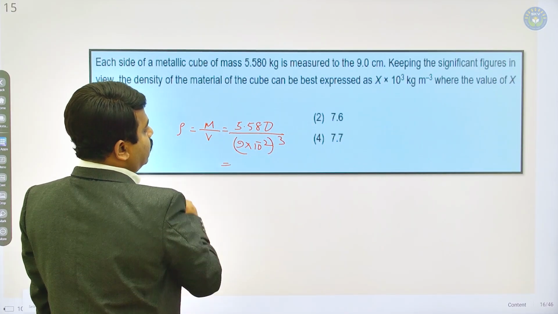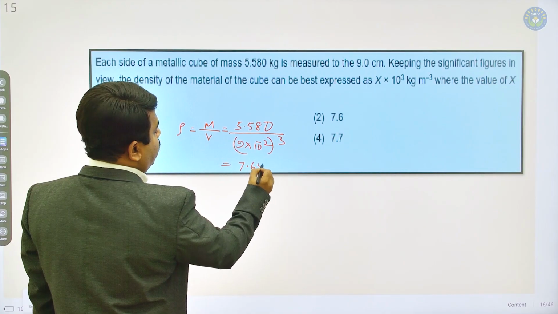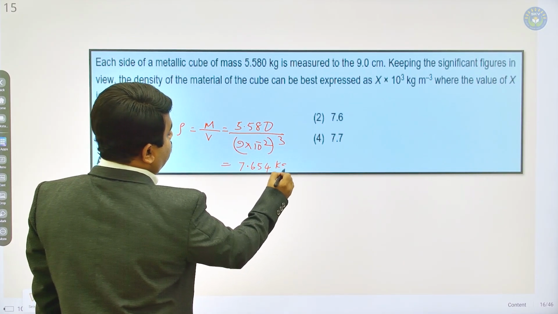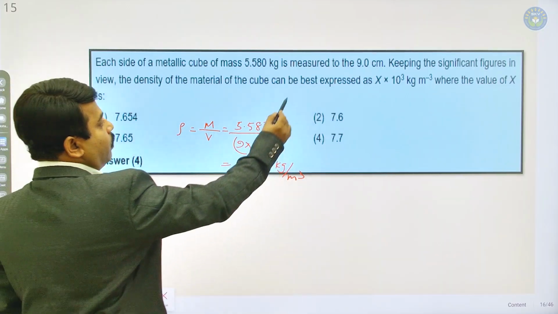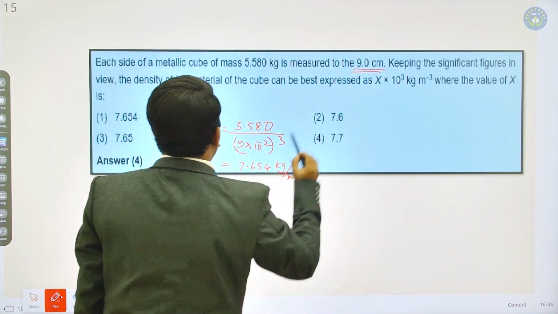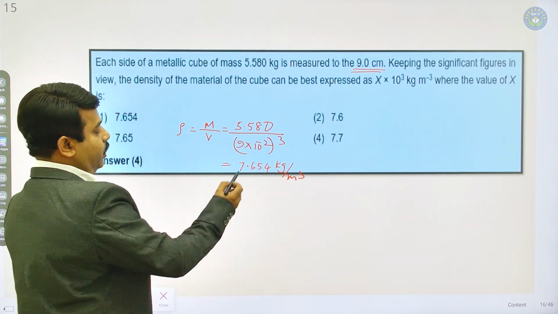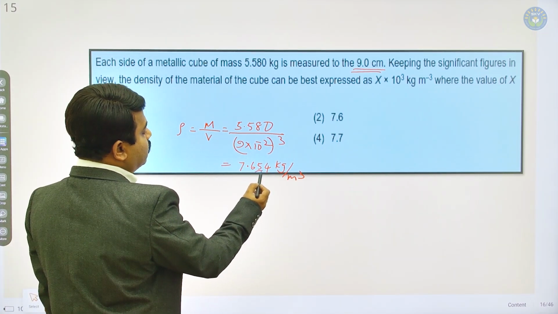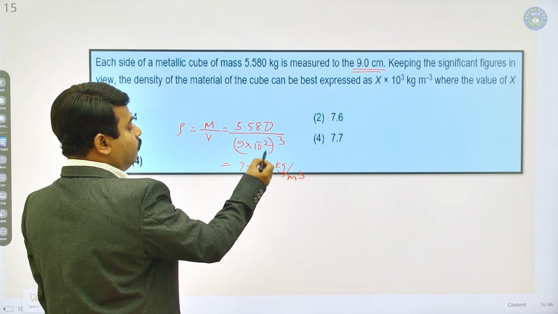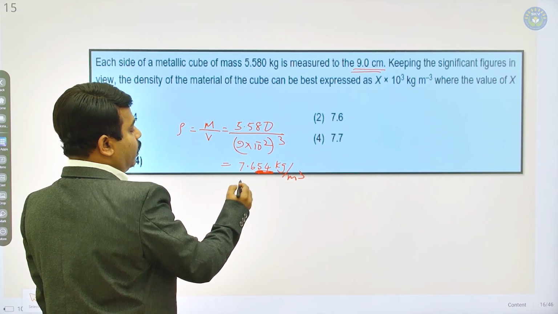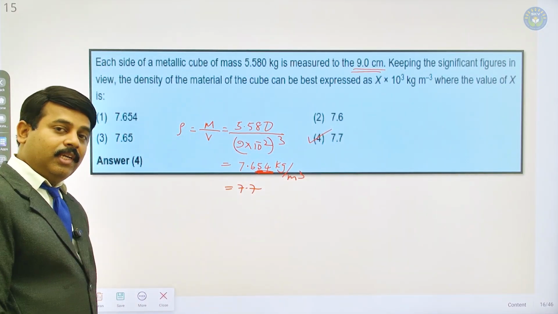By doing this, you get 7.654 kg per meter cube. But in the expression given, the least number of significant figures in the data is 2. So we need 2 significant figures only. The digits after that we need to skip. If the digit skipped is 5 followed by a number, you have to add 1 here. Then the answer is 7.7. Option 4 is correct, right?